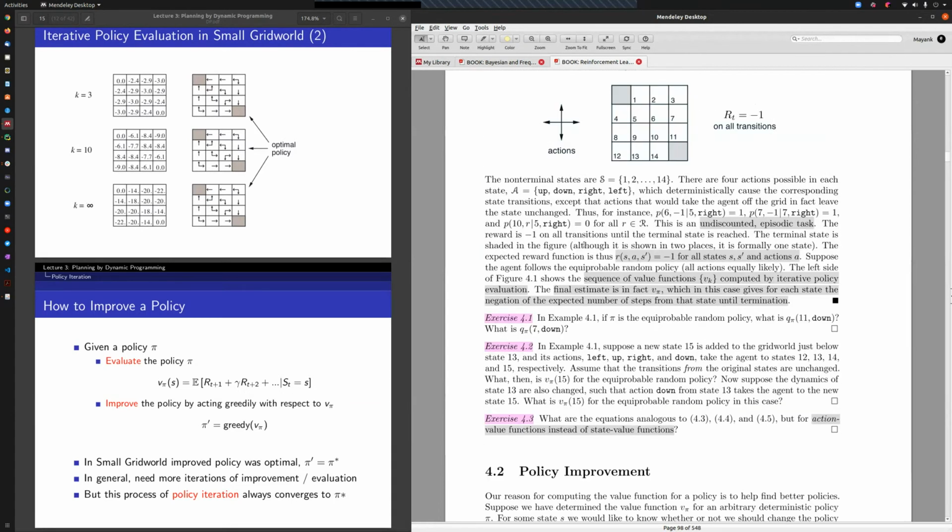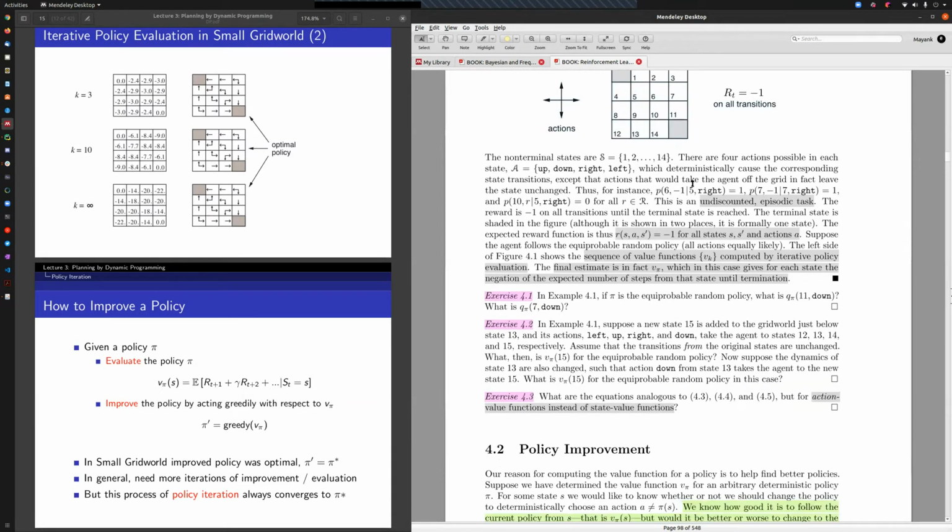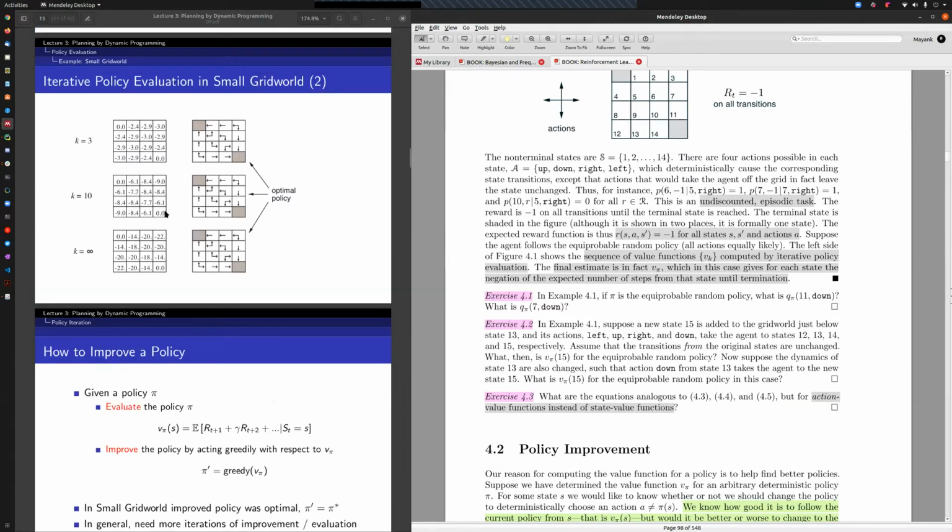I don't know if you got the same. My question to you is about the values for state 12, 13, 14, and 15. State 12 is this guy, right? So if we try state 13 here, 15 is there.